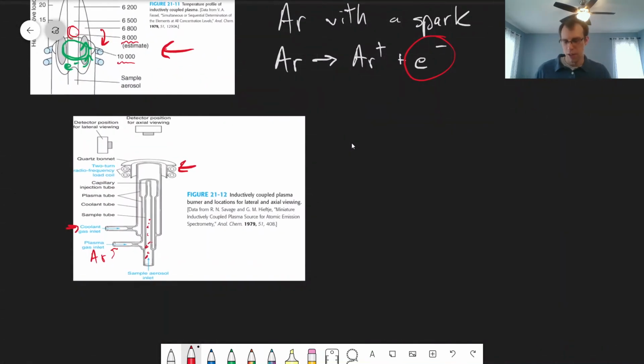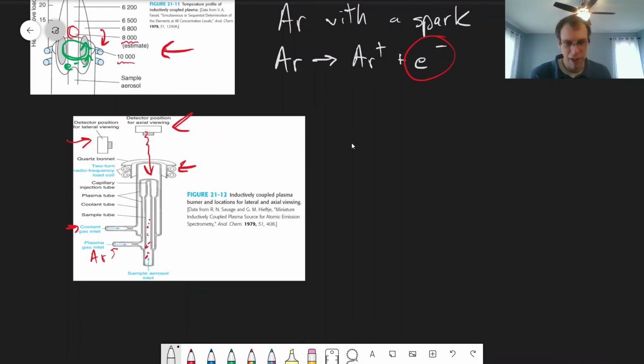Now we can do atomic absorption or atomic emission with this inductively coupled plasma, and we can put our detector either on the side for lateral viewing or on the top to view down the length of the flame. There are advantages and disadvantages to either way of doing it.